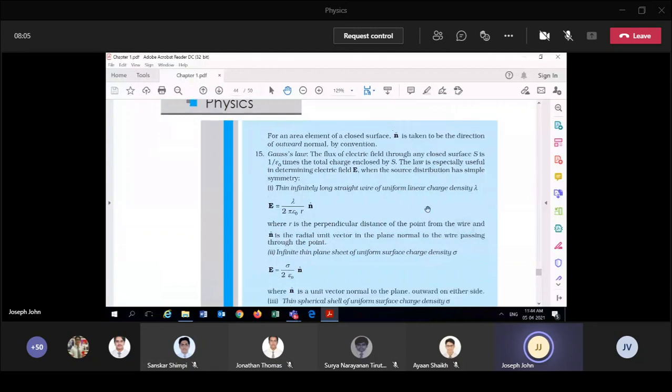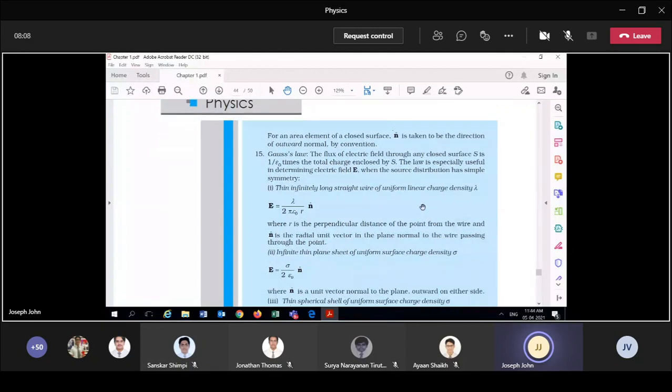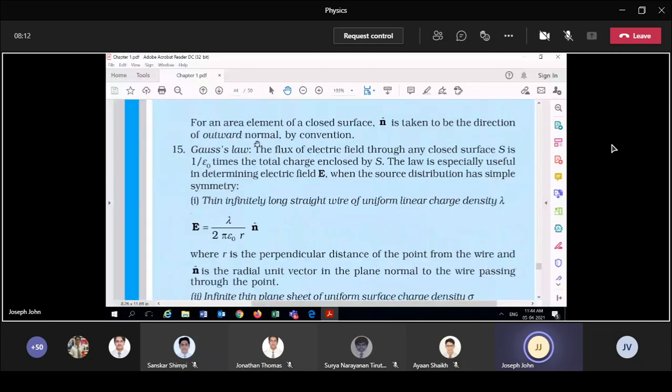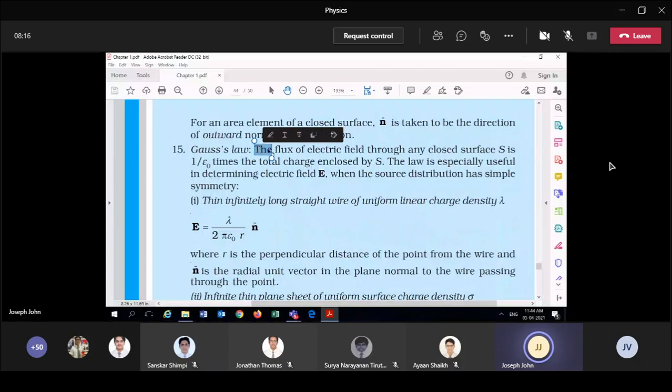Can you write the statement? The flux of electric field. Can you see the screen? This is the statement.